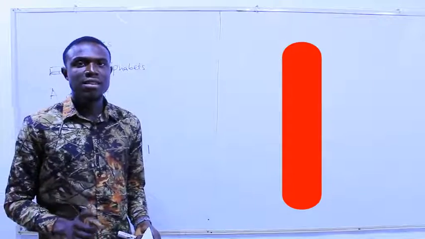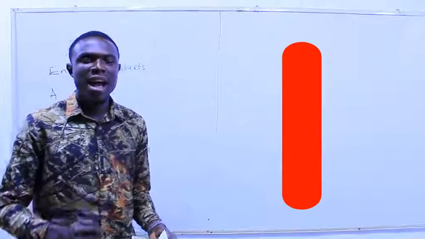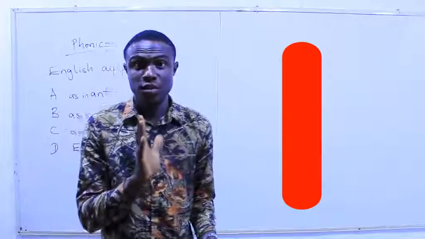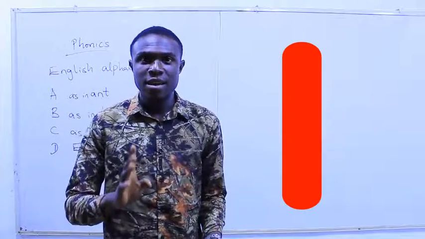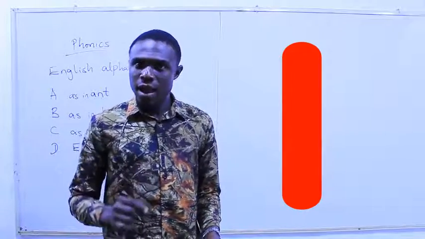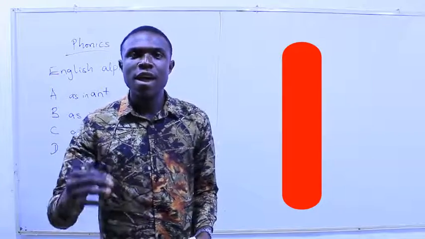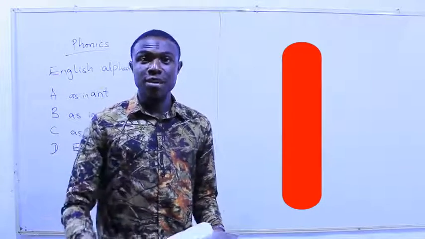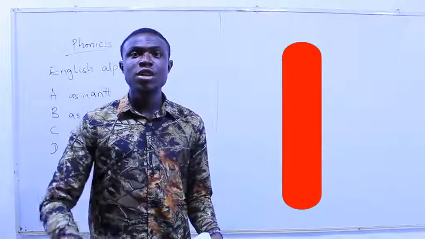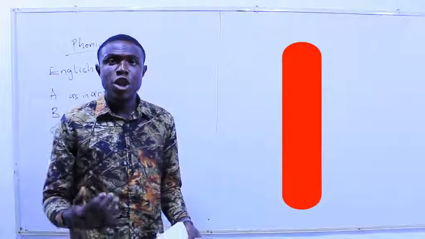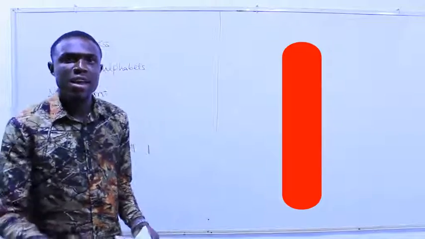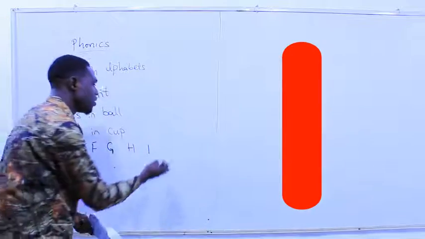I. Now look at the pronunciation. This one is very simple. So we say A, B, C, D, E, F, G, H, I. Okay? Now let's look at another one.